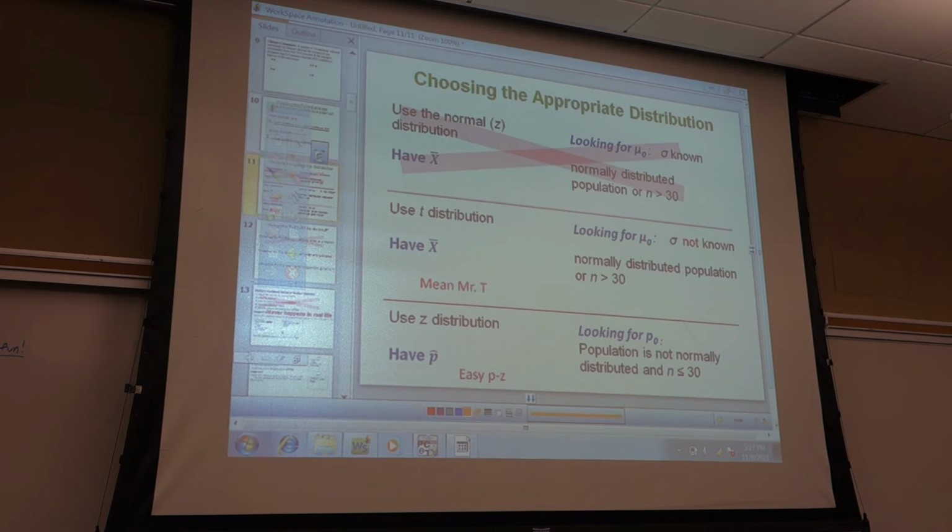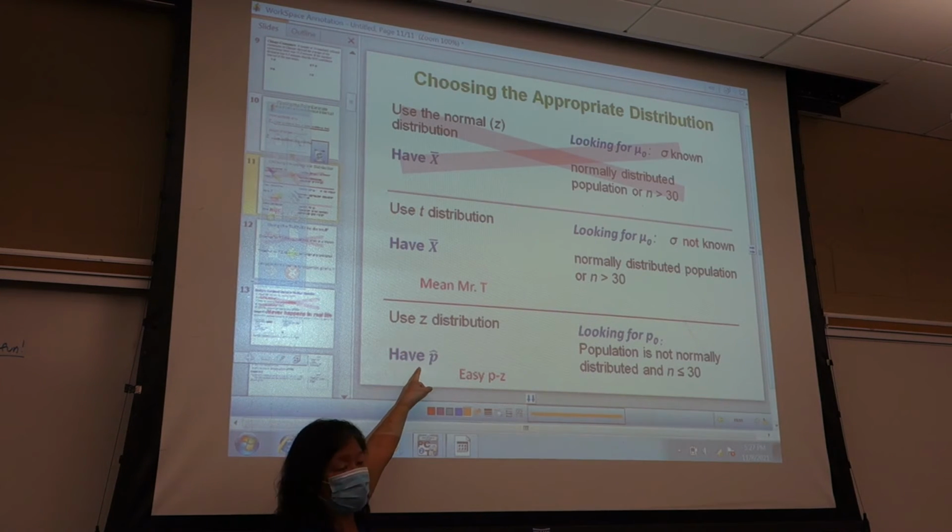And then for the t distribution, if it's a mean, then remember mean Mr. T. Mr. T is really mean looking. He's not really mean, but he looks mean. So mean Mr. T, mean t distribution. Everybody on board? Mean Mr. T, mean t distribution.